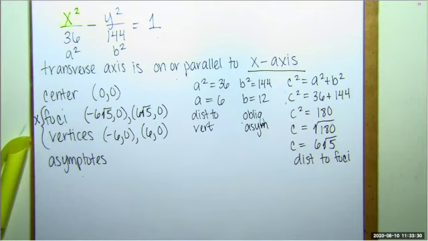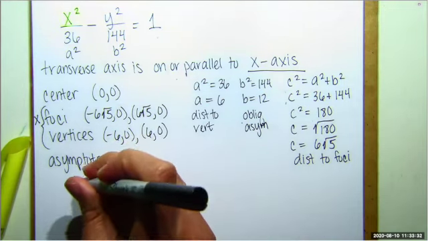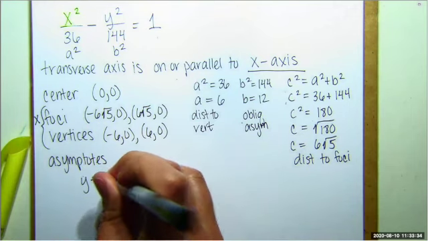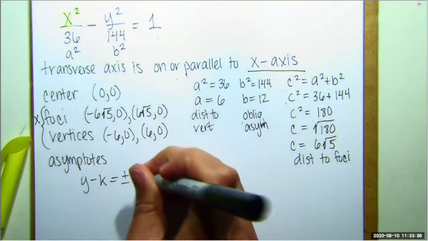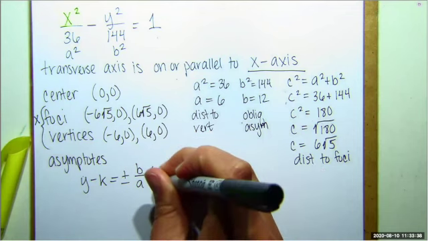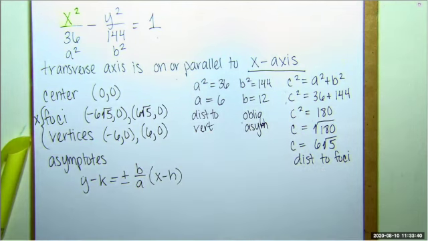Our asymptotes are of the form y minus k is equal to plus or minus b over a times x minus h. Our center here is h, k. This is point-slope form of a line: we're plugging in a point and we're plugging in our slope.